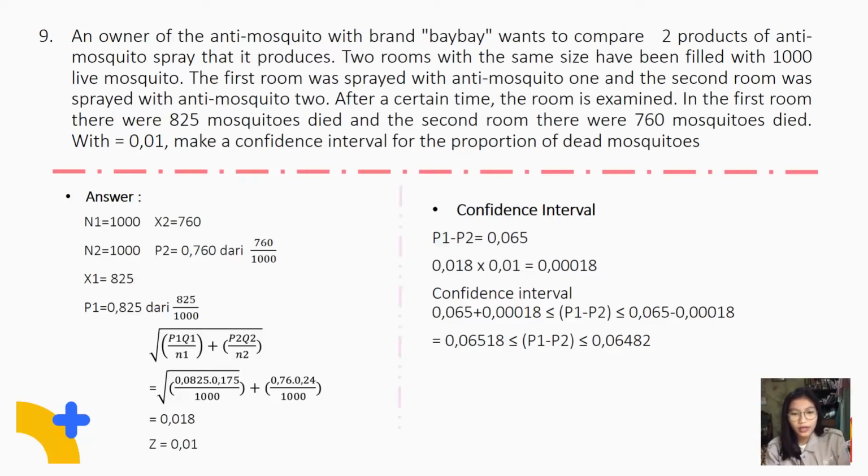Square root of p1 times q1 over n1 plus p2 times q2 over n2 is square root of 0.825 times 0.175 over 1000 plus 0.76 times 0.24 over 1000 is 0.018.